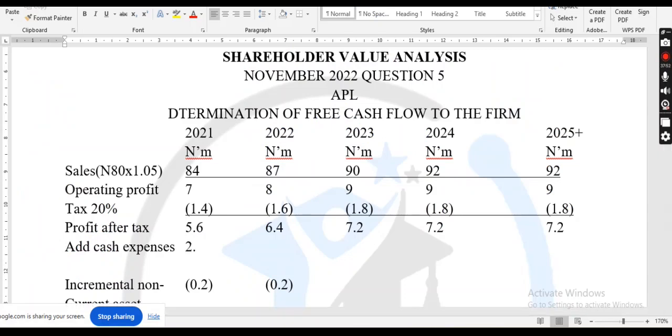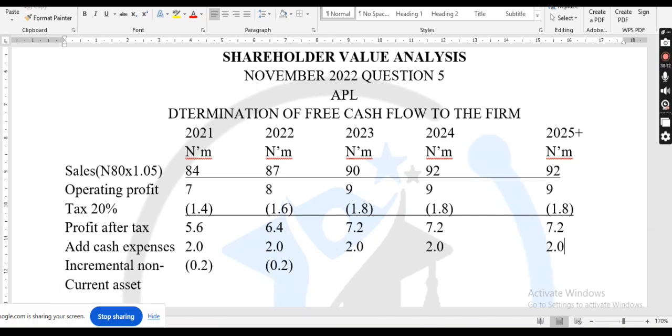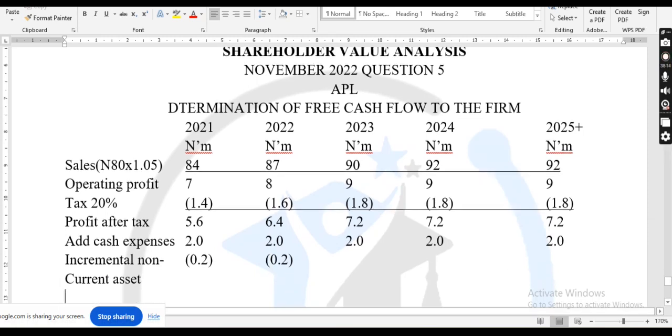So we have 2.0, 2.0, 2.0, 2.0, 2.0. The next one is incremental non-current assets.